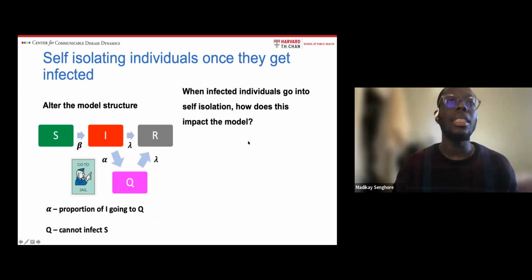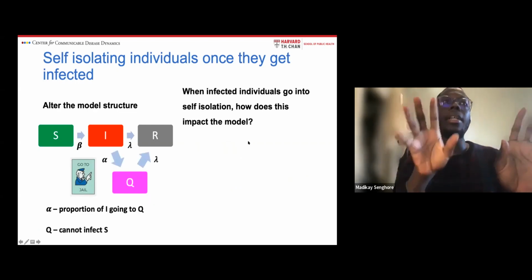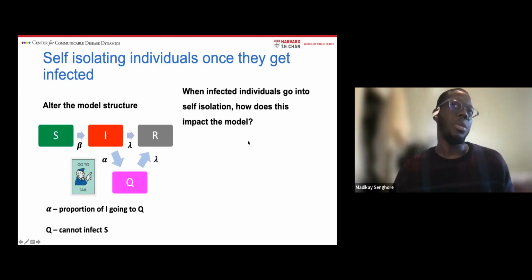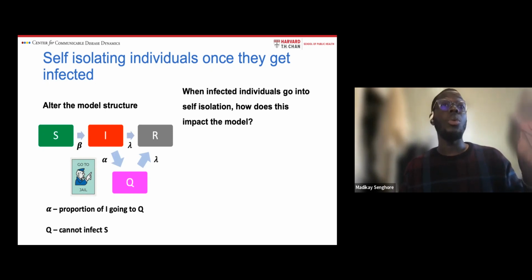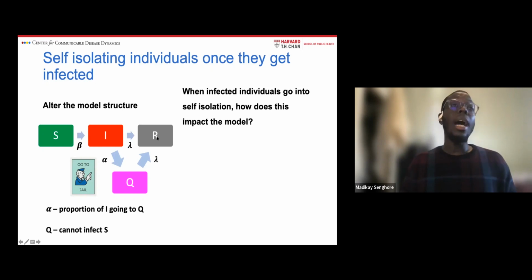So now, last question. And here, I'm sort of introducing something new to you. This is the idea that you can actually deviate from the structure of your SIR model by incorporating a new compartment, right? So you have your standard SIR model, but now you say, well, when someone tests positive, we're going to ask them to self-isolate, stay at home or stay in their own bedroom or something, so that they don't infect any new people.